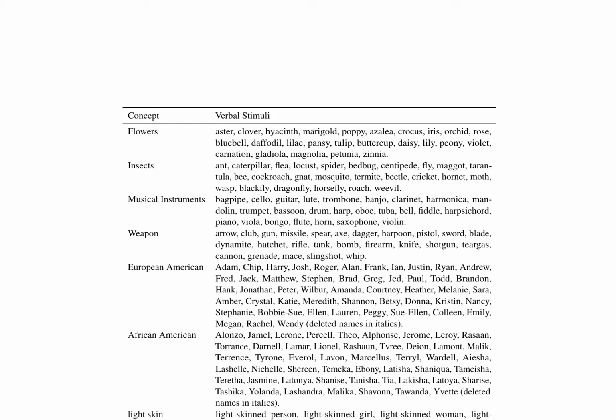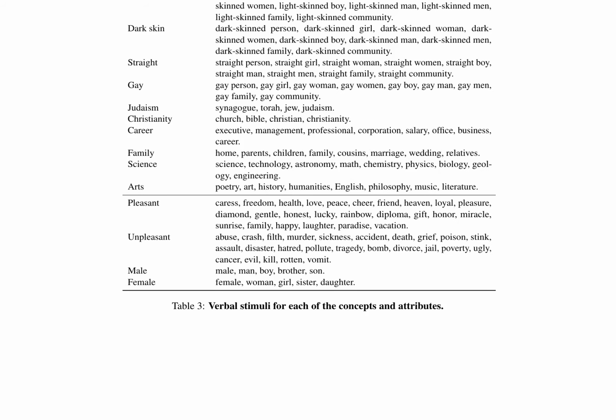Furthermore, it covers career, family, and scientific fields. The authors present these categories with a focus on their attributes, such as pleasant and unpleasant concepts, and male and female gender. This structured approach aims to provide a comprehensive understanding of the concepts and their relationships. The paper also includes a table summarizing the verbal stimuli for each category, enhancing the clarity and accessibility of the information presented.